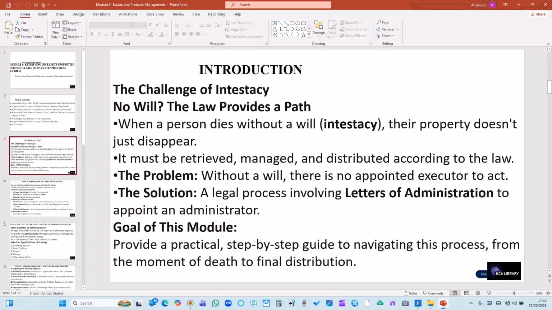The solution is a legal process involving letter of administration to appoint an administrator. The goal of this module is to provide a practical step-by-step guide to navigating this process from the moment of death to final distribution. Now let us look at step 1, immediate action after somebody has died.